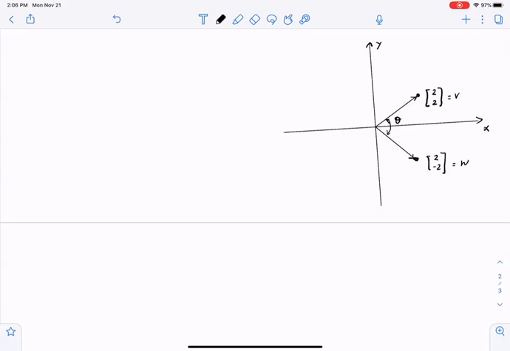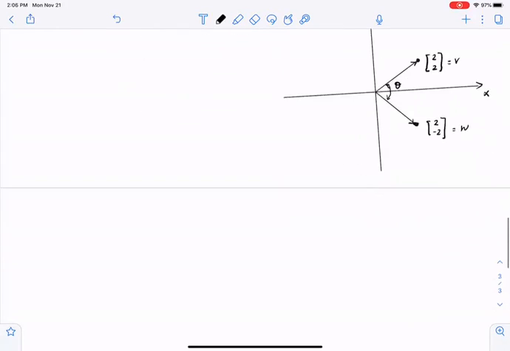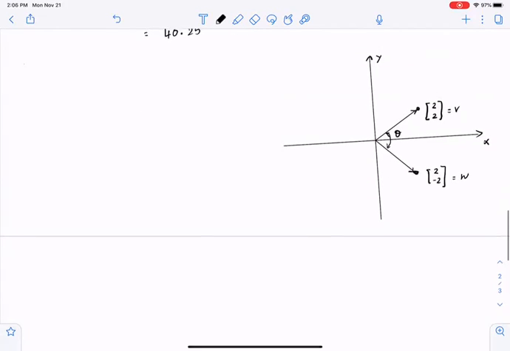So we have two vectors, (2, 2) and (2, -2).